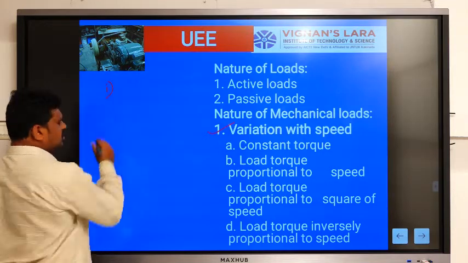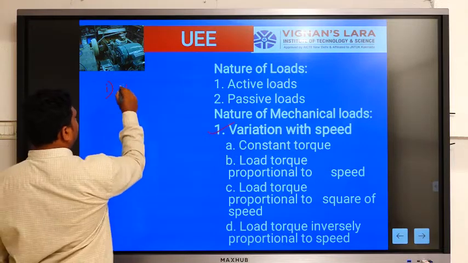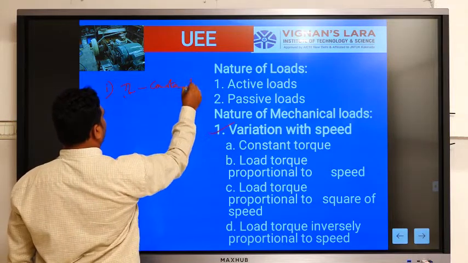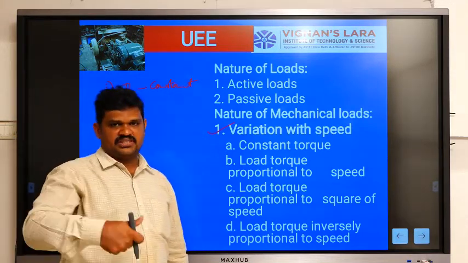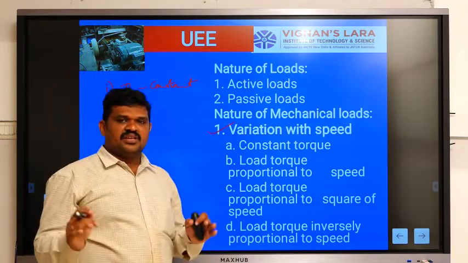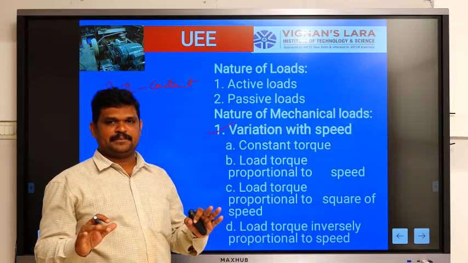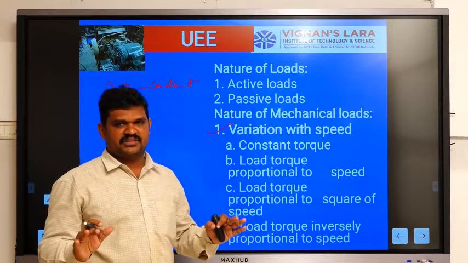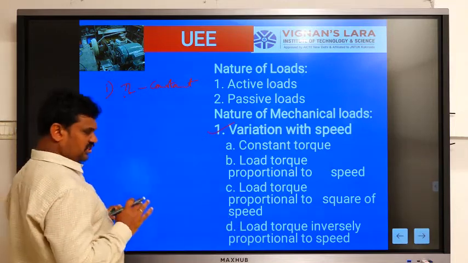In certain loads, the load torque is constant. TL is constant. For example, we are lifting some weight. Its load torque does not depend upon any parameter. It is not related to any speed. So that is the constant load.